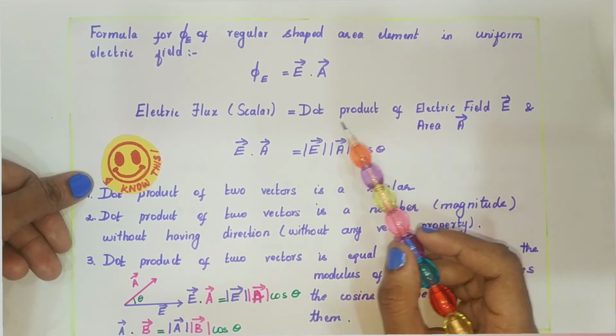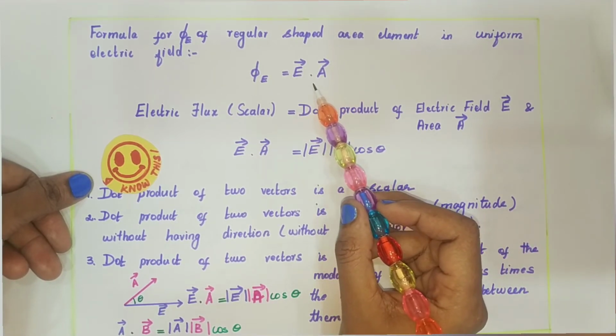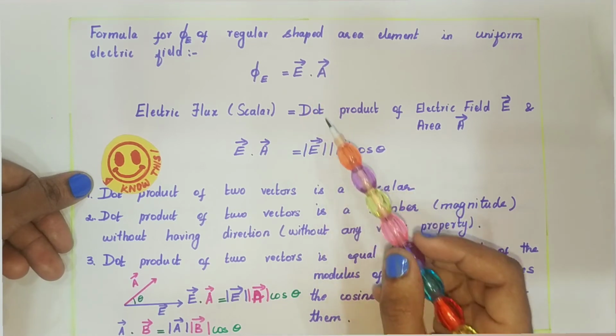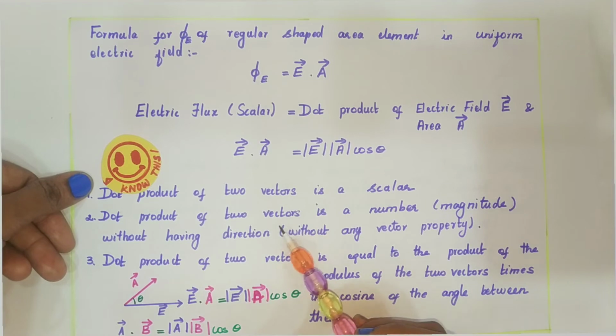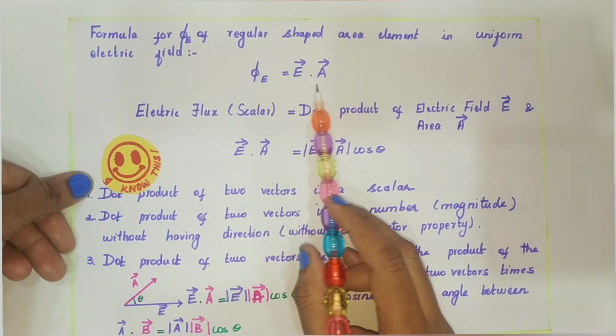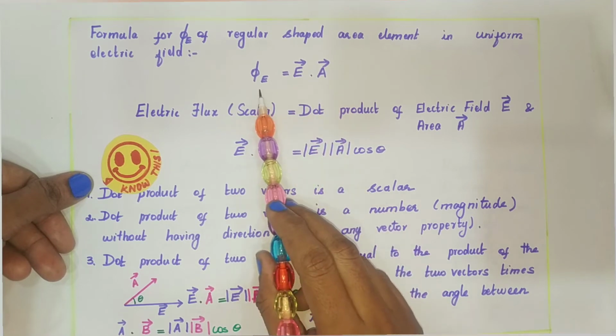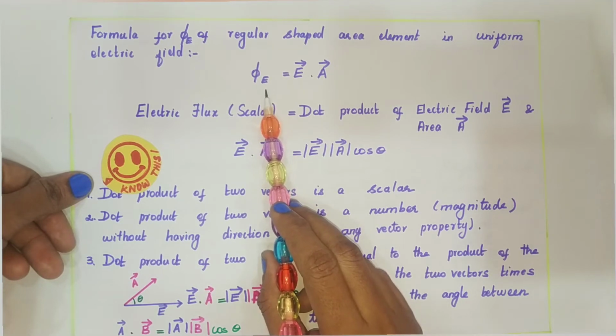And here the dot product of two vectors is giving the answer as a scalar. It is an important and interesting property of vectors, that is, when we take the dot product of two vectors, the answer which we get is a scalar, that is it is giving just the number and no direction, that is it does not possess the property of vectors.